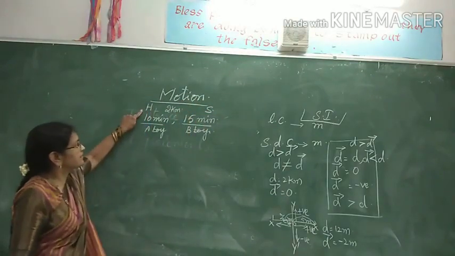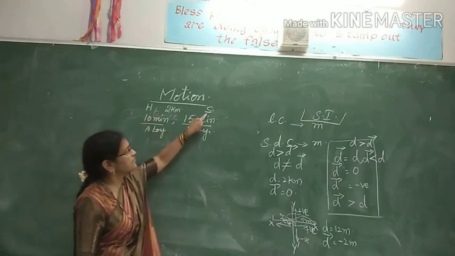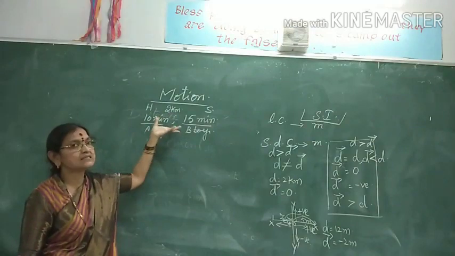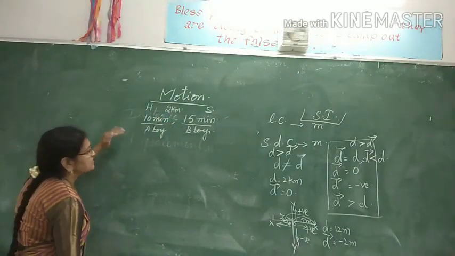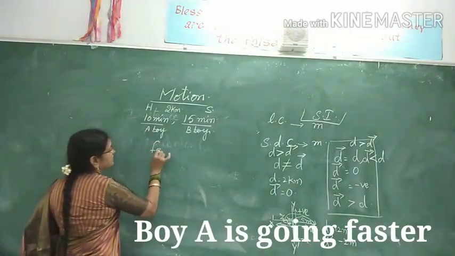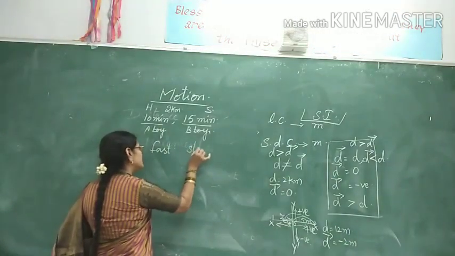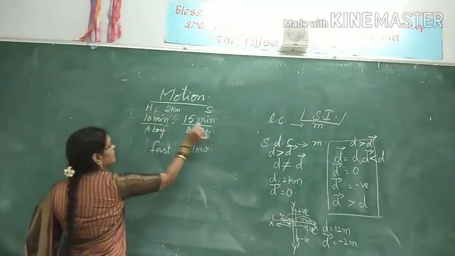The first boy is covering these 2 kilometers in 10 minutes. The second boy is covering the same 2 kilometers in 15 minutes. You can understand from this that the first boy is going faster than the second boy. How can you say he is fast and he is slow? By seeing the time.